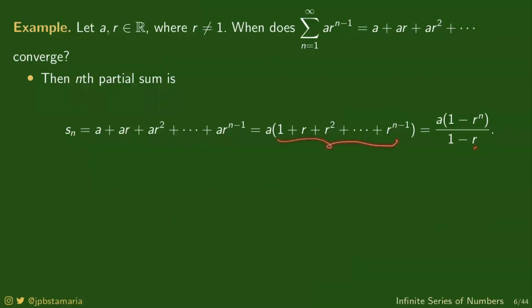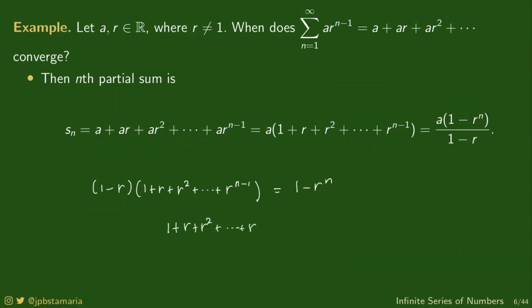Now, ano nangyari dito? Ba't nagkaroon ng ganon? Well, I used the following identity from algebra. If you multiply 1 minus r with 1 plus r plus r squared plus up to r to the n minus 1, what you will be obtaining after multiplying is 1 minus r to the n. And because r is not 1, that's why this is important, yung 1 plus r plus r squared and so on hanggang r to the n minus 1 will be 1 minus r to the n all over 1 minus r.